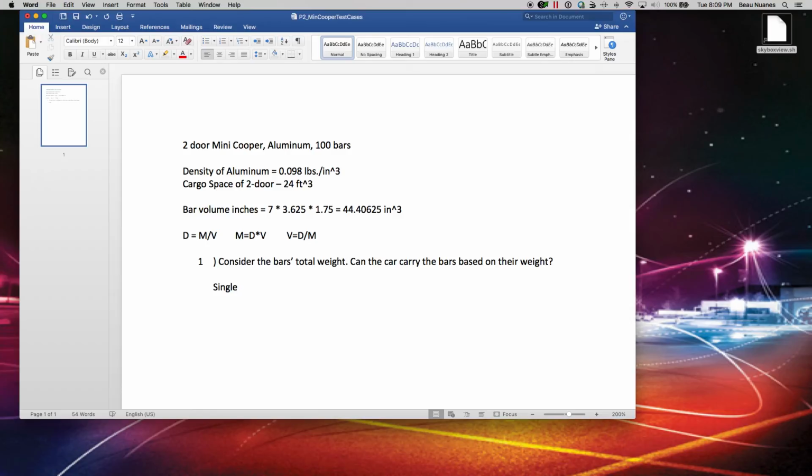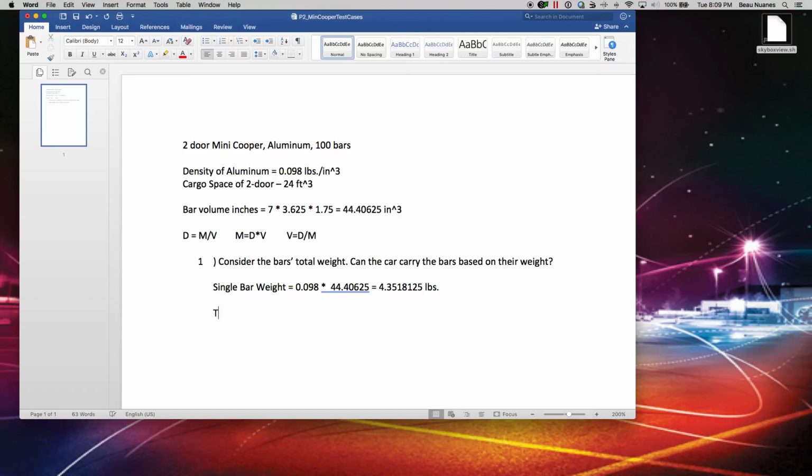So a single bar weight is going to be equal to the density, which is 0.098, times the volume of a bar, which we just figured out above, which is 44.40625. That's going to give us 4.3518125 pounds.